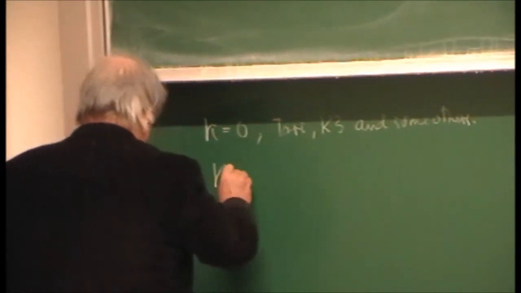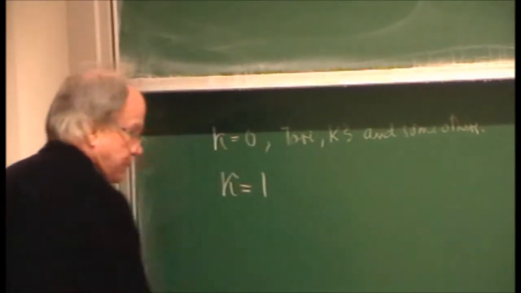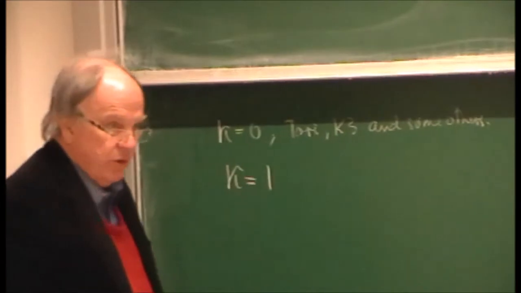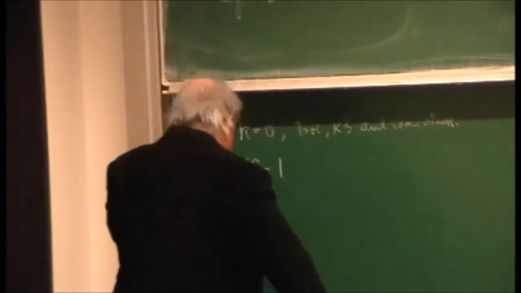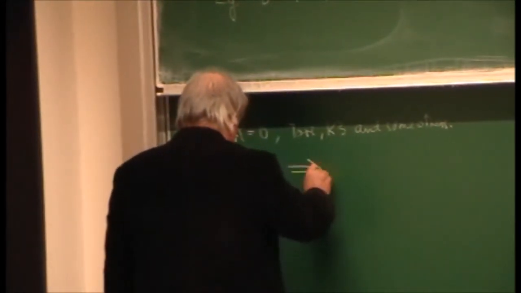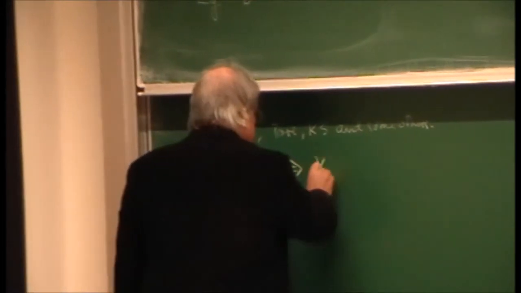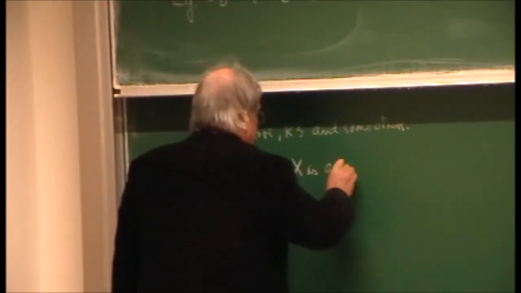Kodaira dimension 1. I will very quickly say what Kodaira dimension 1 implies. It is equivalent to X being an elliptic surface.